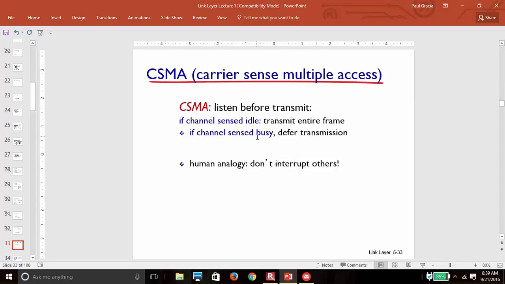If we realize the channel is busy, we defer our transmission. There's always a possibility that two nodes are going to listen and transmit at the same time, so we can't solve that problem, but at least we don't try to transmit if the medium is being used.